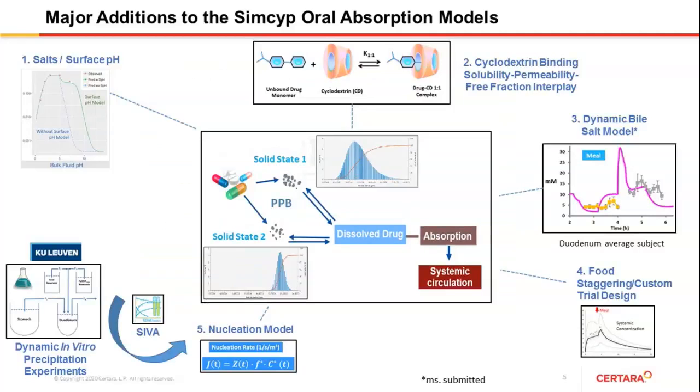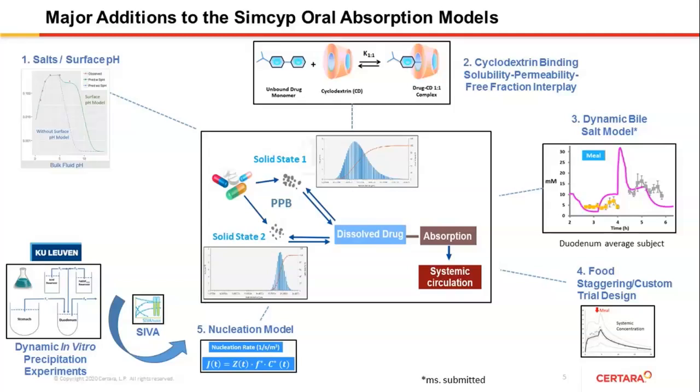Added around this are a number of other major models, which I will describe from top left round clockwise. So the first is the salt surface pH model that I've already mentioned. This is one major addition to the tools.